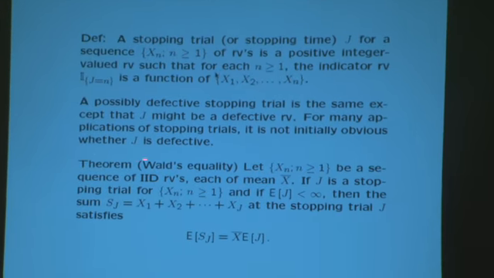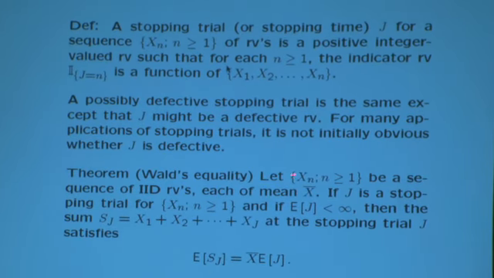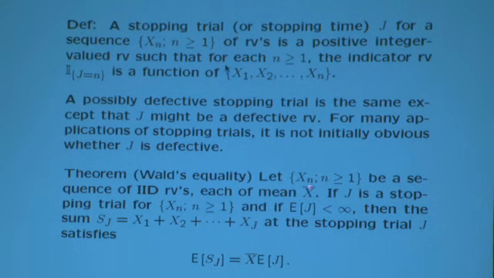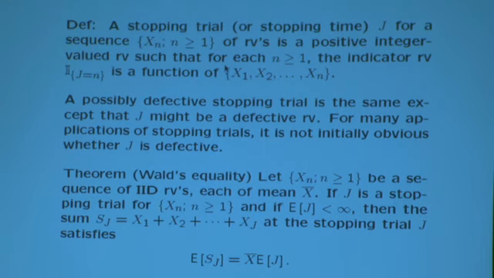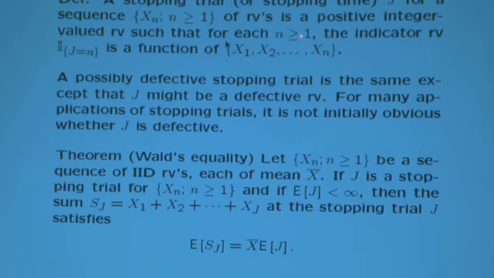Then from that, we went on to Wald's equality, which added the condition that the X sub n's that this is based on are a sequence of IID random variables. To be a stopping trial, you don't need IID random variables. You don't need any restriction at all, other than the fact that you can make a decision on when to stop based on what you've already seen. That's the only condition there.